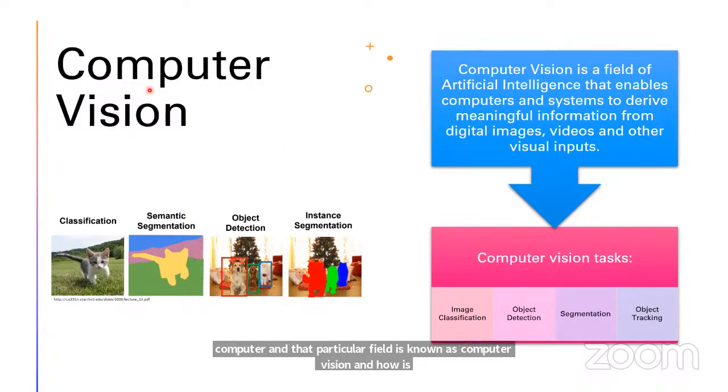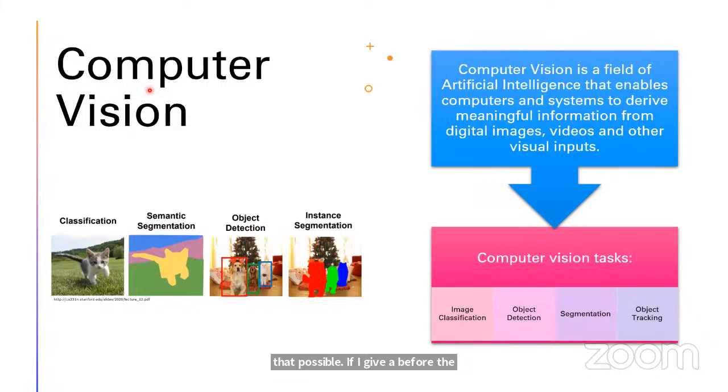How is that possible? Just imagine you have taken an image from your phone camera. That image is nothing but a collection of data. It is made up of various data points arranged in a matrix format.